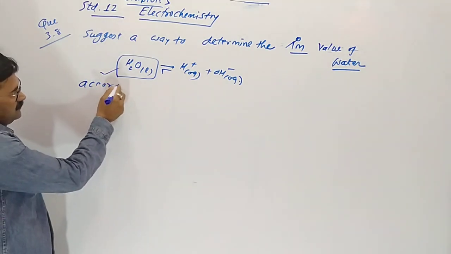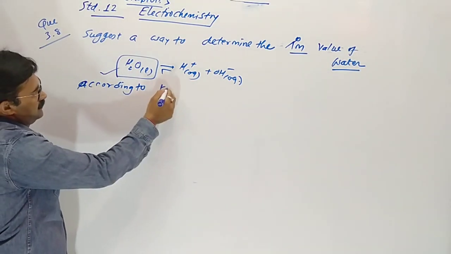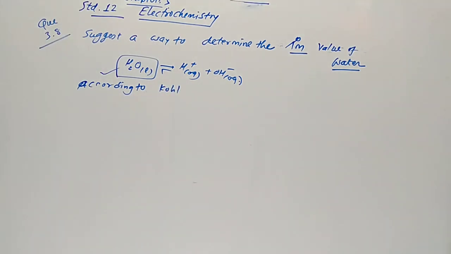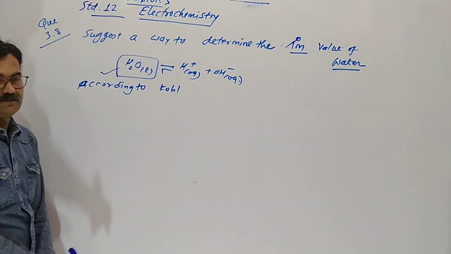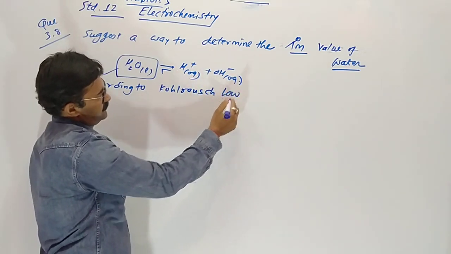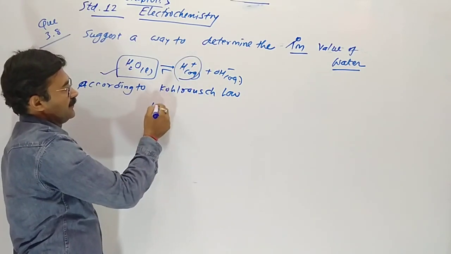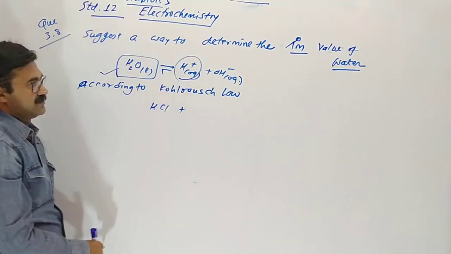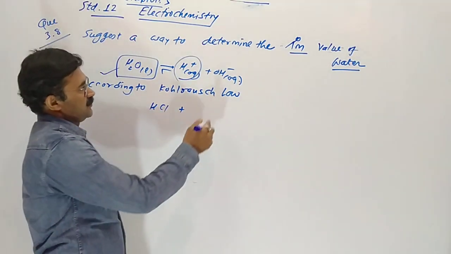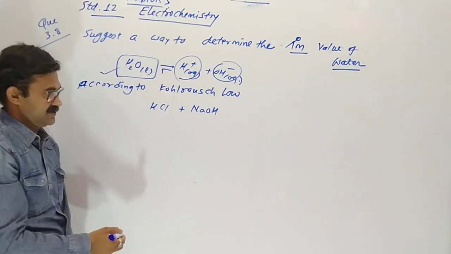According to Kohlrausch's law, we first take H plus ion from a strong electrolyte, which is HCl. OH minus from a strong electrolyte, which is NaOH.